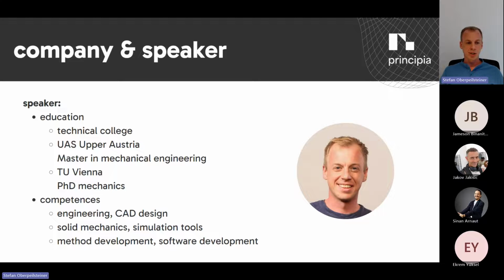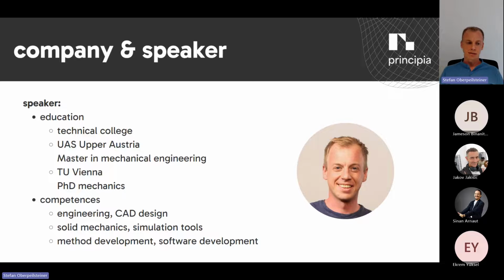To my person, my name is Stefan. I'm the CEO of the company. I have an educational background of technical college, then started with mechanical engineering studies, and then during my time at the research group for multi-body dynamics, I did my PhD in mechanics at the Technical University of Vienna. My competences are in the field of engineering and CAD design.